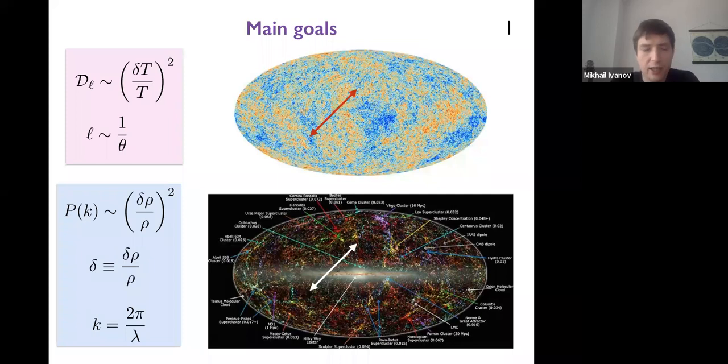There, the galaxies represent the fluctuations of the density field. This density field is observed on the sky, but unlike the CMB, you can also measure the redshift of the galaxy. This way, you're dealing with a three-dimensional volume of data. You're dealing with many images of the CMB, in some sense, many images of the universe, which essentially allows you to measure the density distribution as a three-dimensional function, which is characterized by its two-point function.